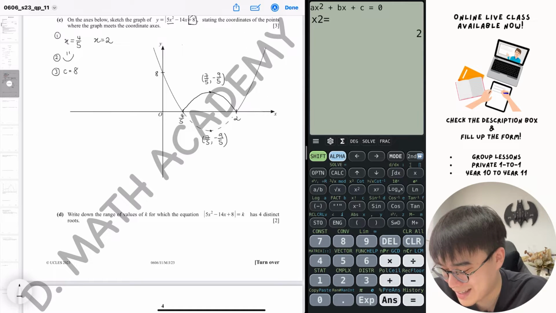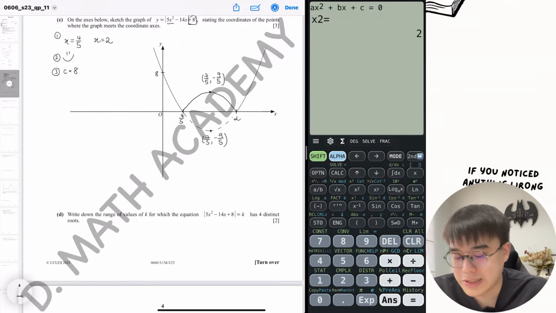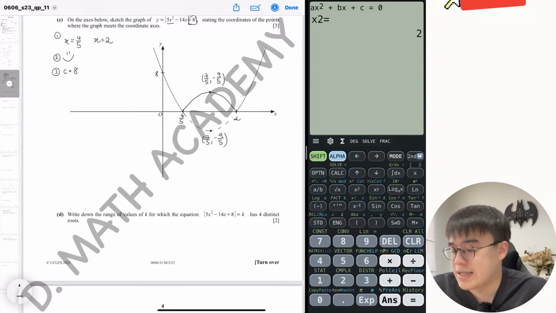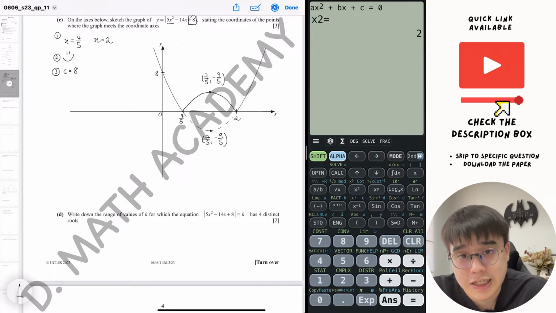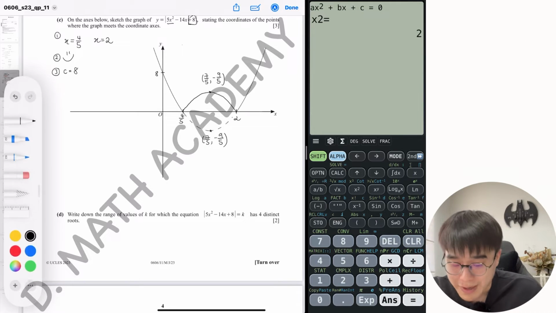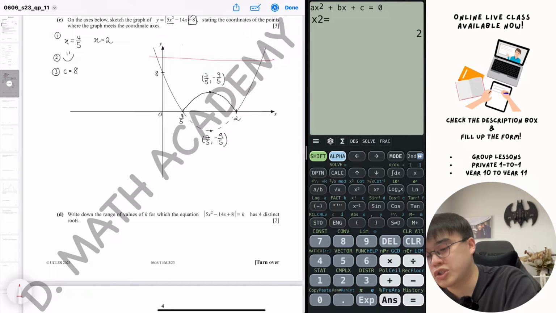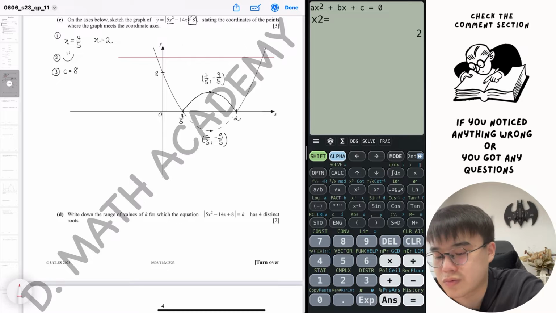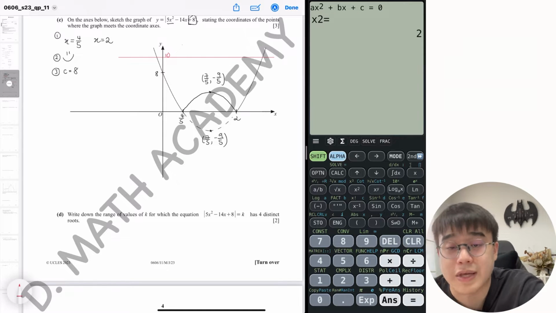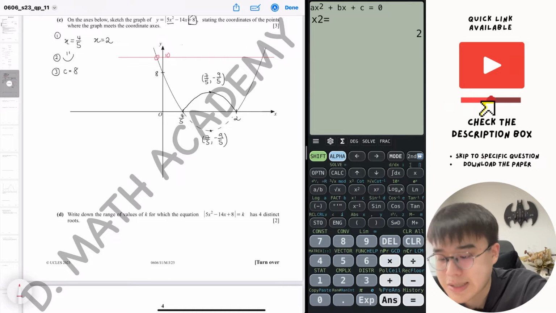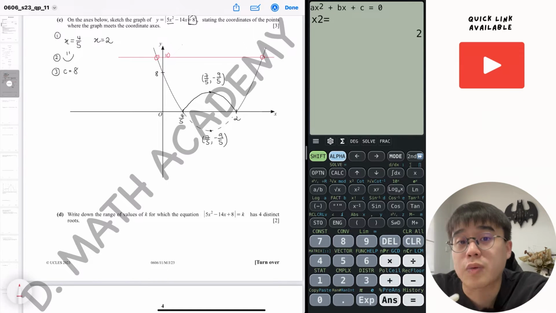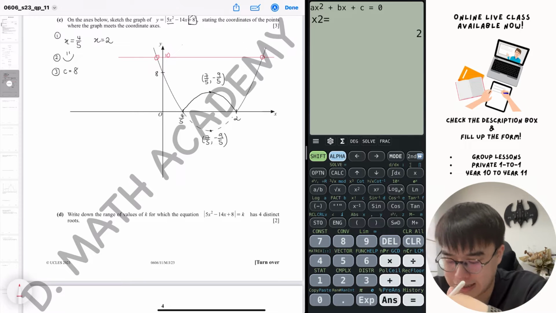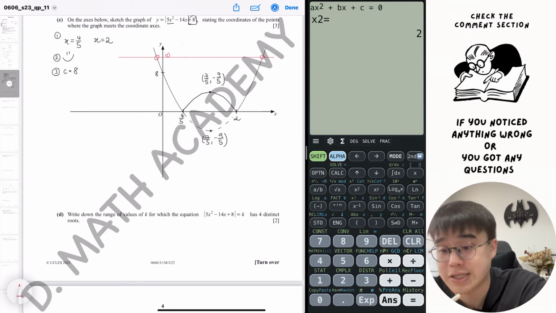Apparently there is. Okay, and they ask us for 4 distinct roots. So please take note that what they mean by distinct roots here is actually intersection. So what do they mean by intersection again? It is like when you draw a straight horizontal line here at y equals maybe around 10, I guess. I'm just making a quick example here. So this is the part where you have 2 intersections, or in this case they will label it as 2 distinct roots.